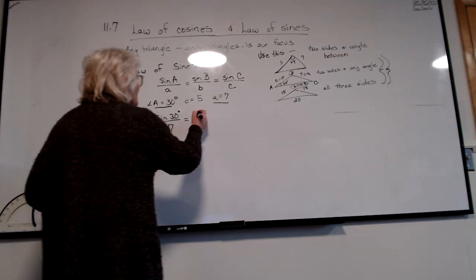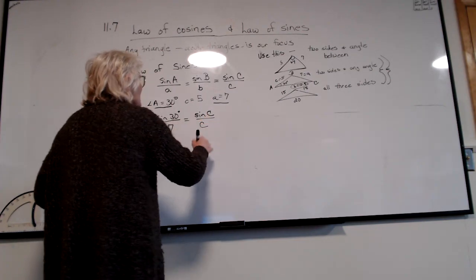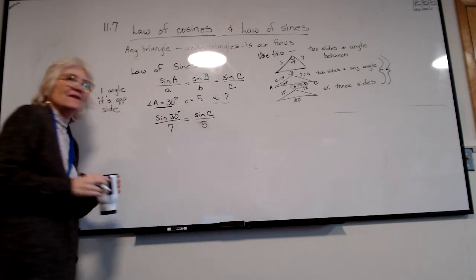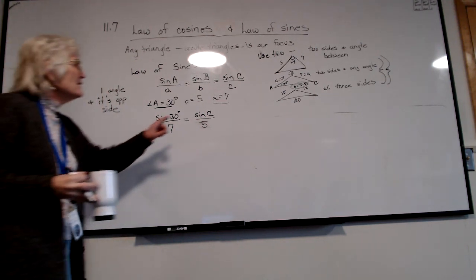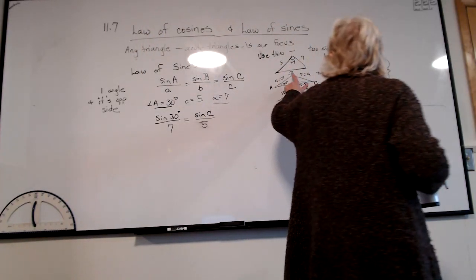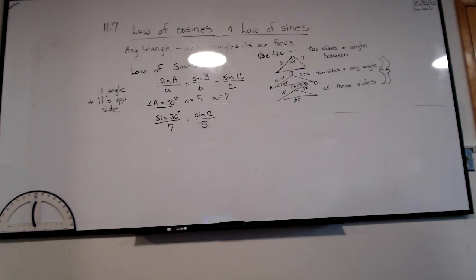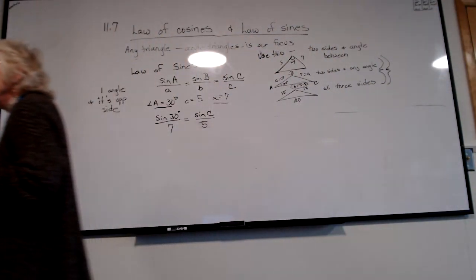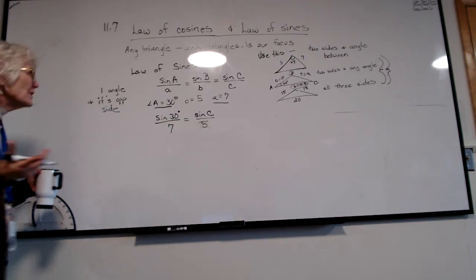So what we're gonna have to do first is go with sine of C over c, which is 5. Now, if I can find C, then I can find B, and then I can find its opposite side. So we have to get C before we can go any farther. You have to look at what you have. If two things are missing, you can't solve. You have to have only one thing missing.